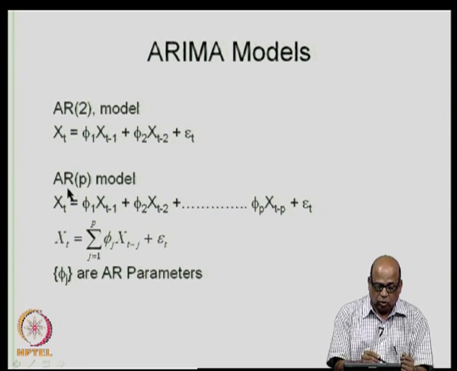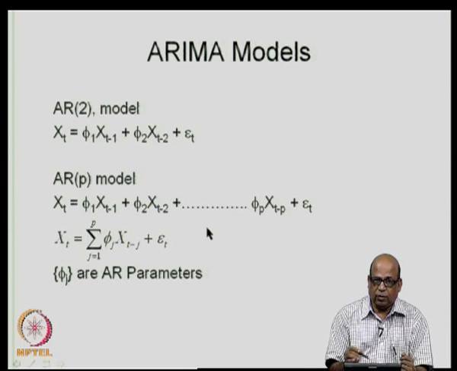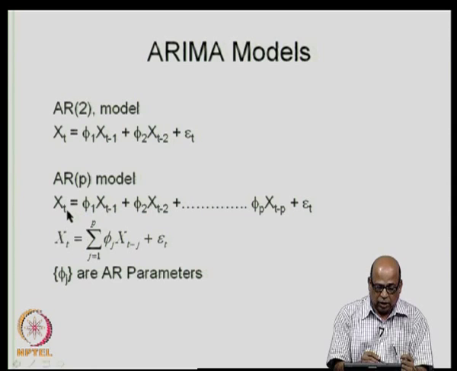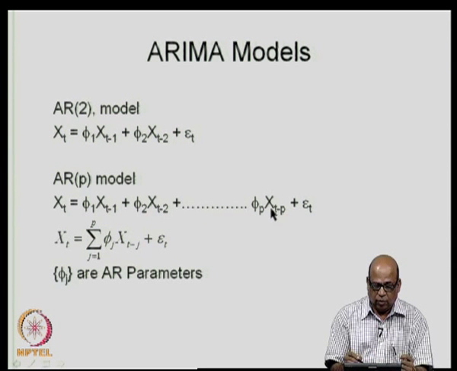And like this, you write a general AR p model, autoregressive model of order p, by taking into account the previous terms. So, x t is equal to phi 1 x t minus 1 plus phi 2 x t minus 2 etcetera, phi p x t minus p plus epsilon t.